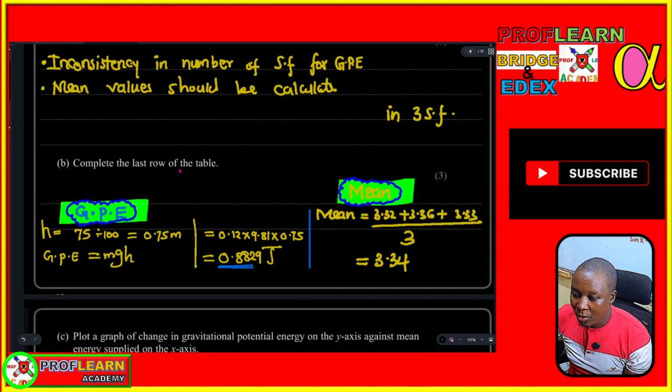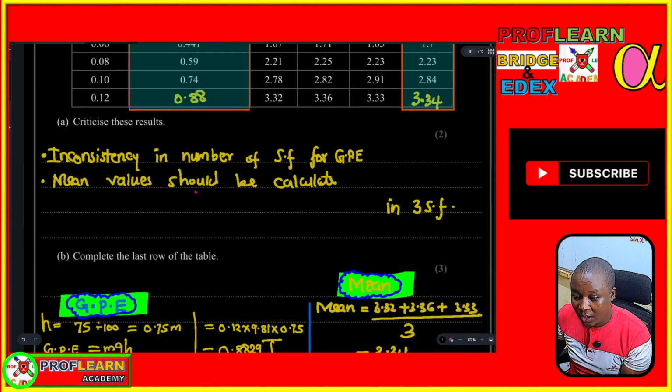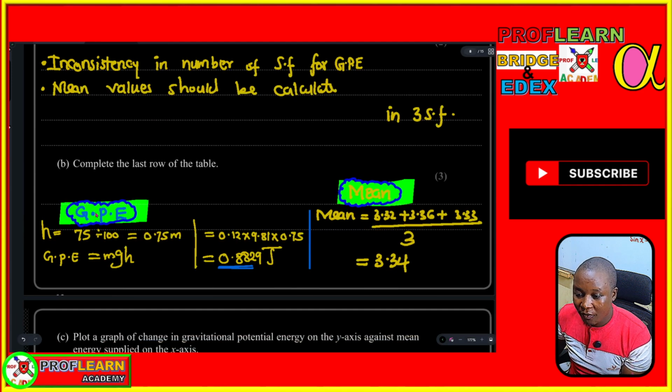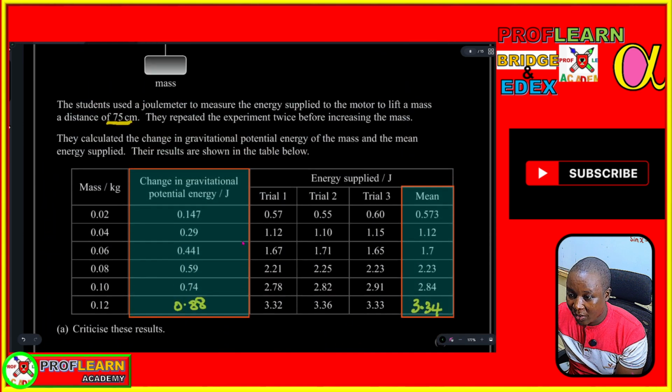Now, complete the row. You may be given a question to complete the row or the information missing. Here, they are trying to check whether you know how to calculate gravitational potential energy. That's the concept they were trying to check. Gravitational potential energy is equal to mgh, and you have to ensure that the measurements taken are in the correct units.